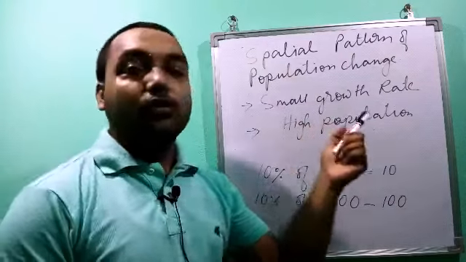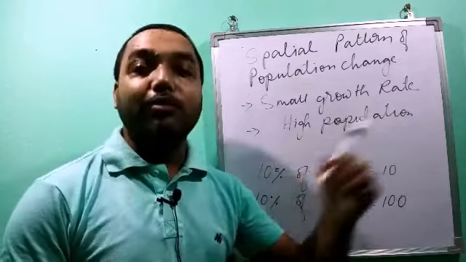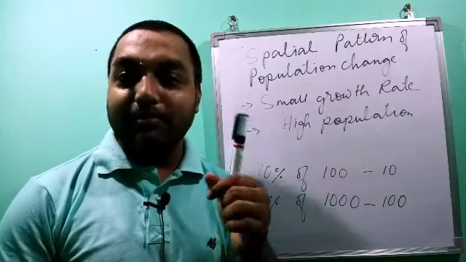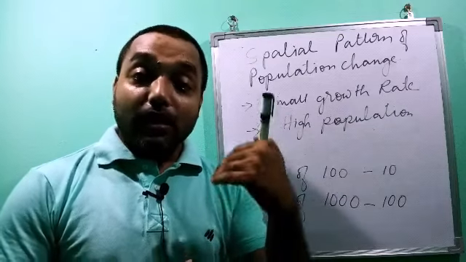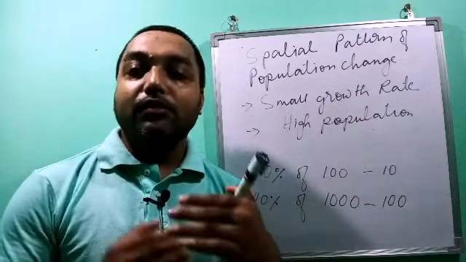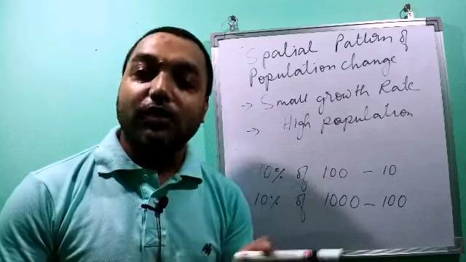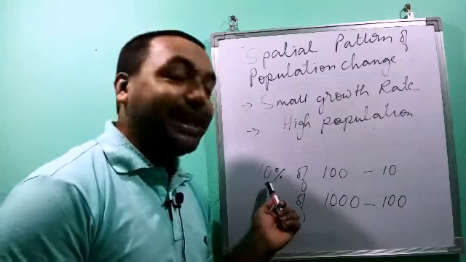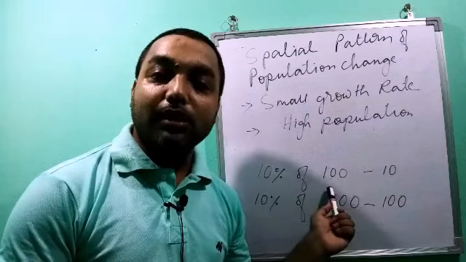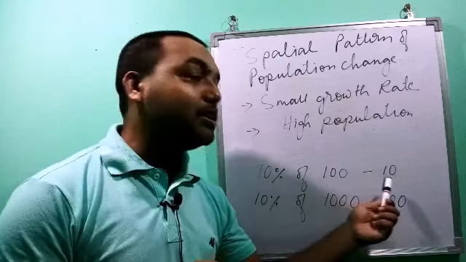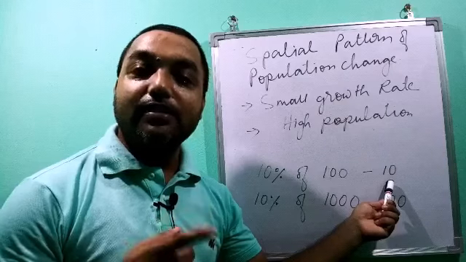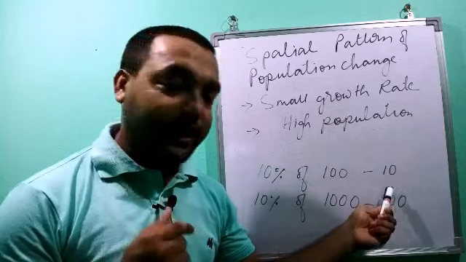For example, a small growth rate but a high population, then the result will be more. But a high growth rate with a small total population, then the result will be less. For example, 10% of 100: suppose the total population is 100, then though it is 10%, the increase is only 10.